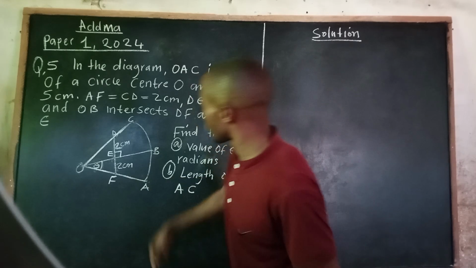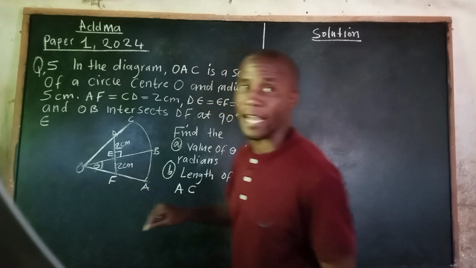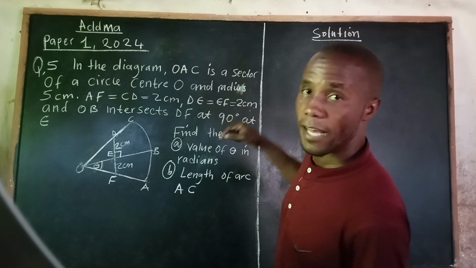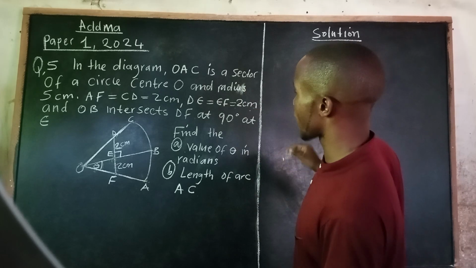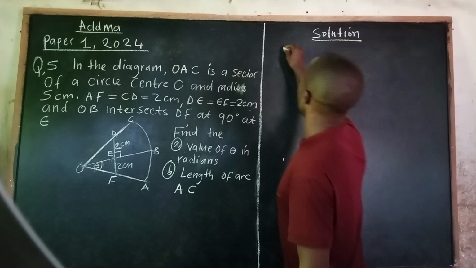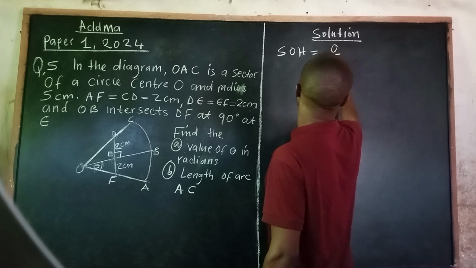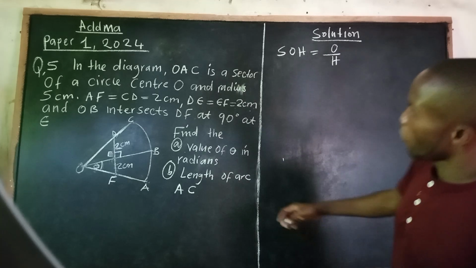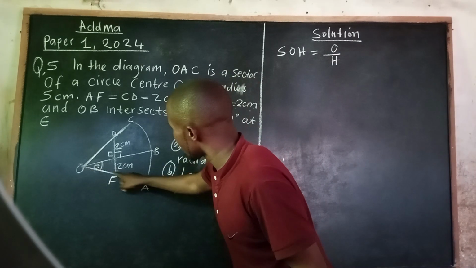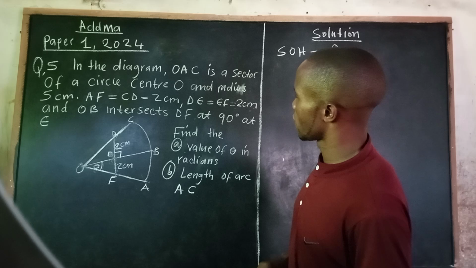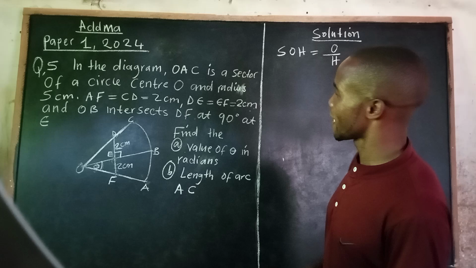So let us use sine, because for sine we are given the opposite. Sine states opposite over hypotenuse, so it will be O over H. The opposite we have, and it is very easy for us to find the hypotenuse in this case. Why? Because we are given OA, which is 5 centimeters, that is the radius.